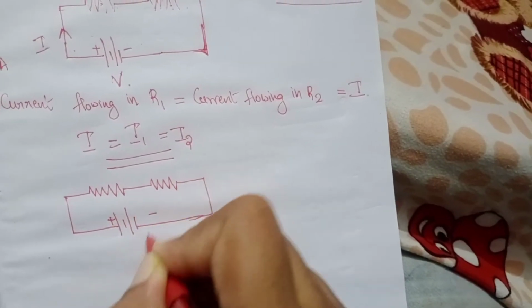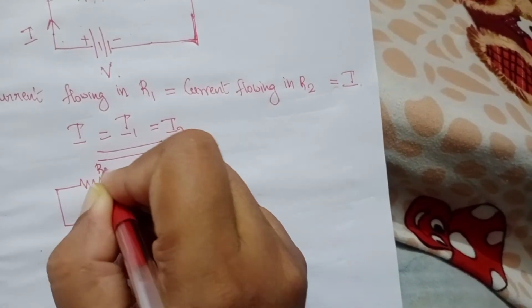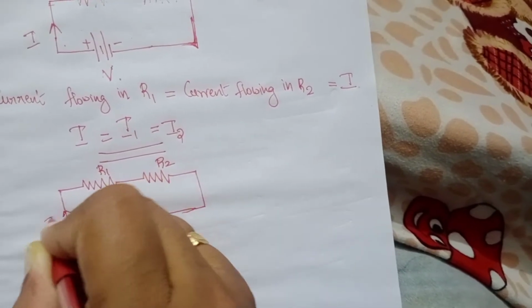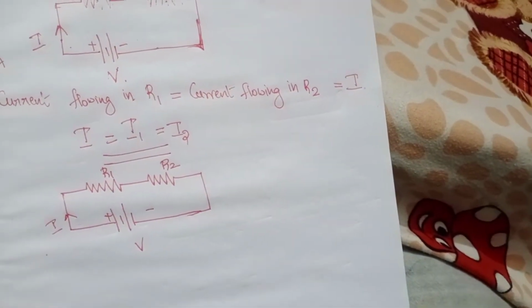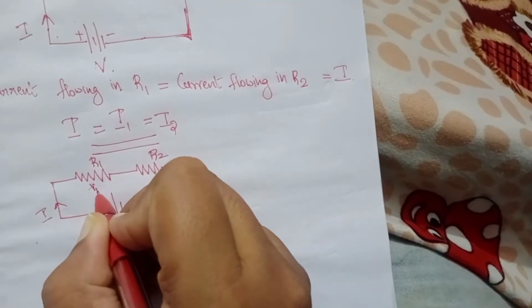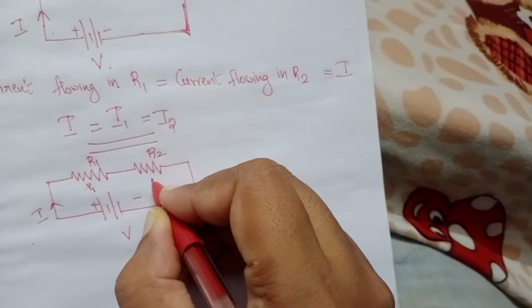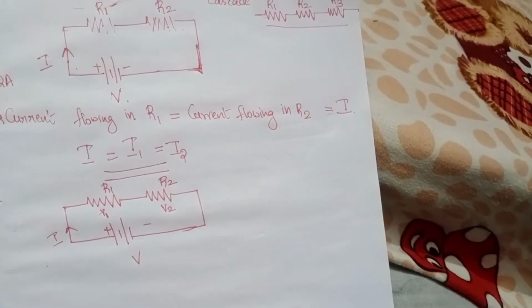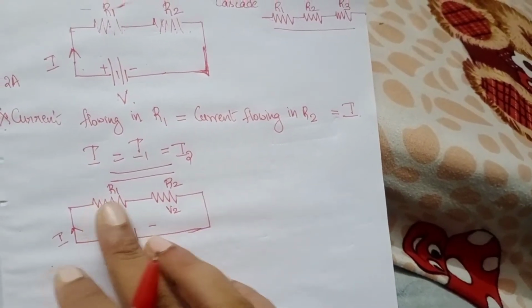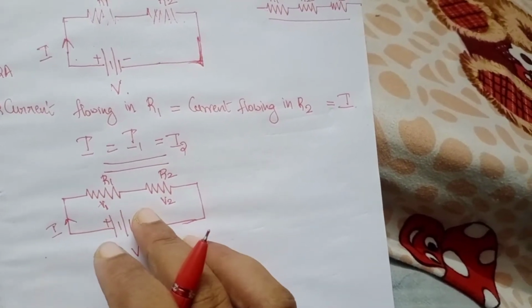So this is the voltage source, this is resistance R1, and this is resistance R2. A total current of I flows in the circuit. Let me consider the voltage across resistance R1 is V1, and the voltage across resistance R2 is V2. We know that voltage or potential difference is the difference in potential between 2 points, right?